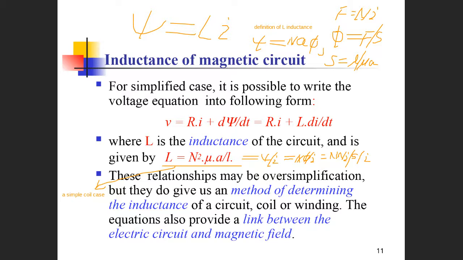There are several new concepts: electromotive force, flux linkage phi, reluctance S, permeability of a given material, and also a new law, Faraday's law, which is the link between the electric circuit and the magnetic circuit.